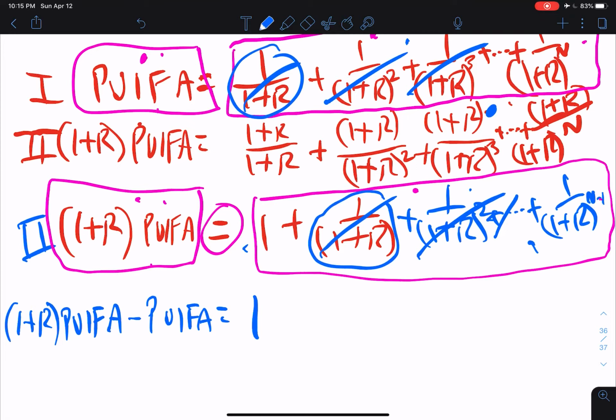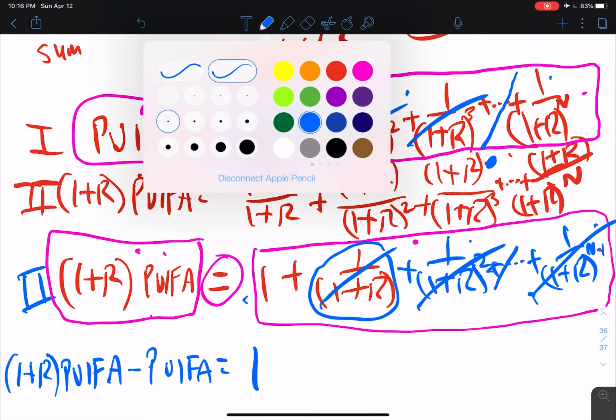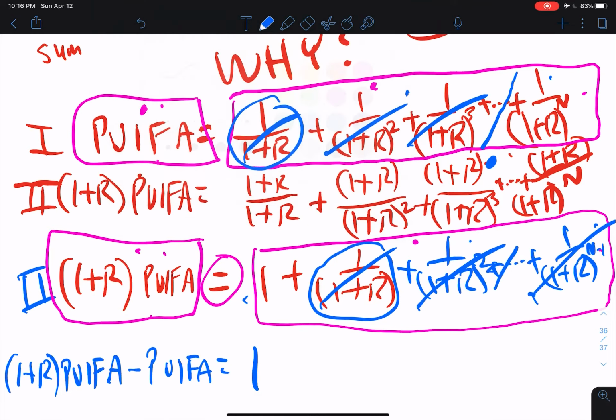And then this term right here, 1 over 1 plus r to the n minus 1, would cancel out with the term that precedes this term. So I'll put a little line right there. And that means the last thing is nothing there, minus this last term right here. Okay, let me change the color here.